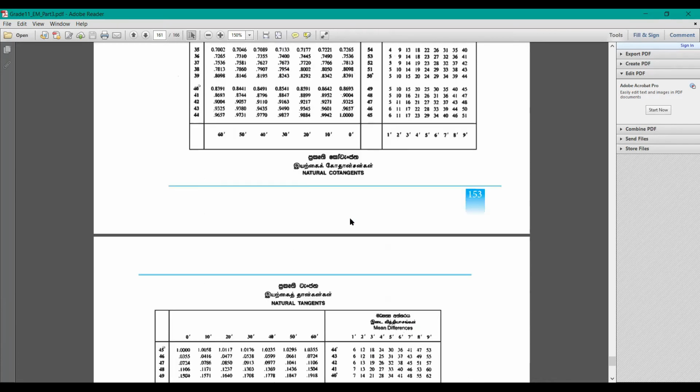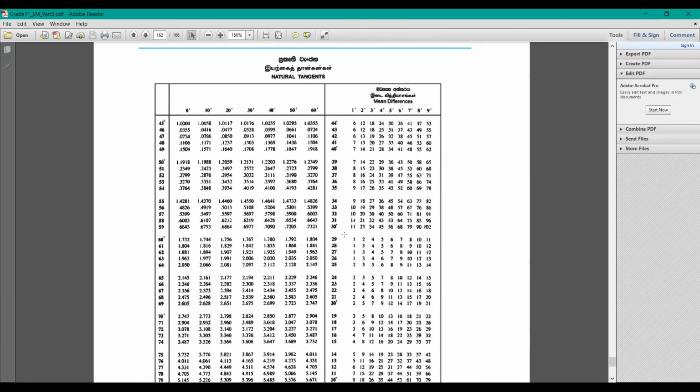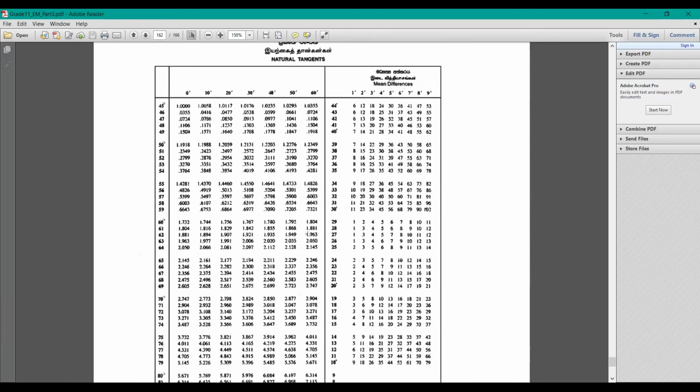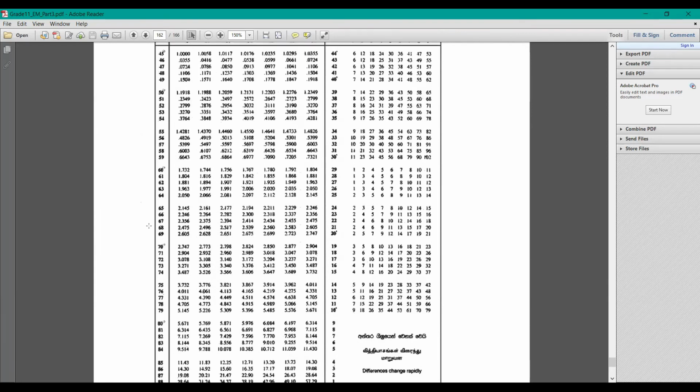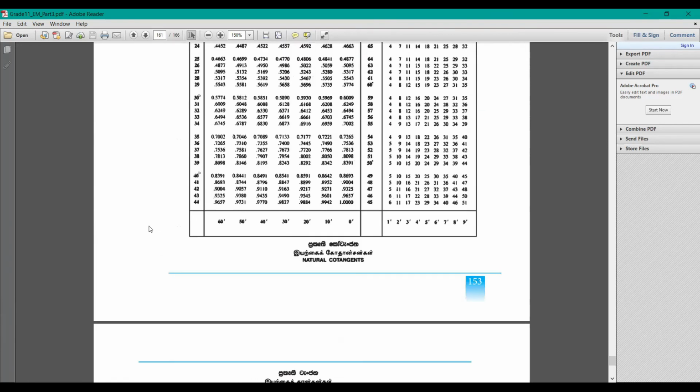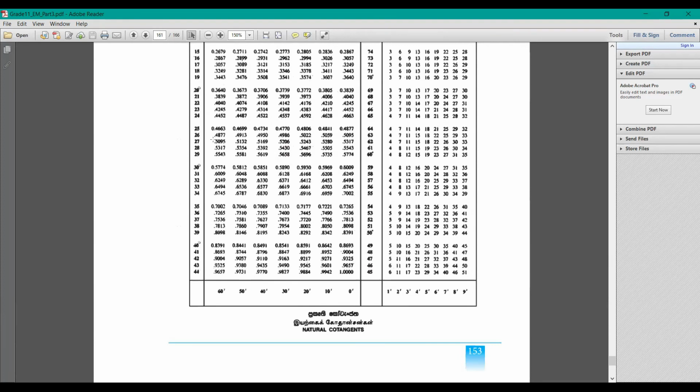If you scroll down, you can see 27. Right, here it is. We need 0.5098, but here you have 0.5095. So in order to get 98, you need to add 3 more to this.